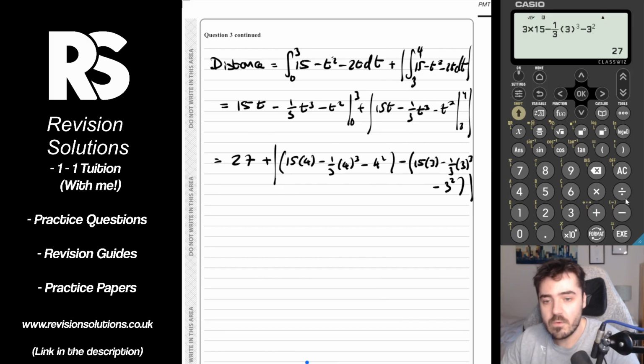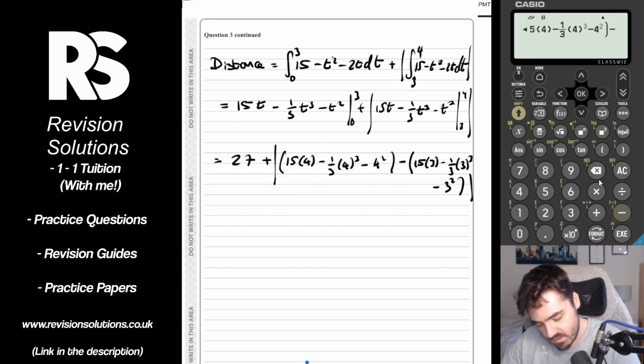So if I type that all in the calculator in separate brackets, we've got 15 times 4 minus a third times 4 cubed, then minus 4 squared for that first limit. Close the big bracket.